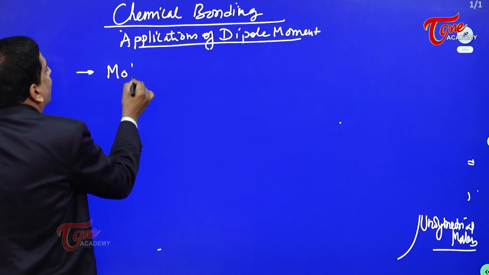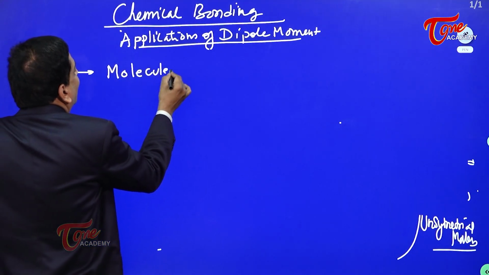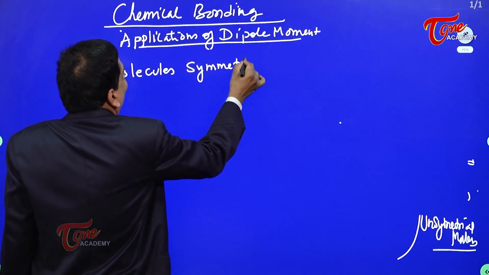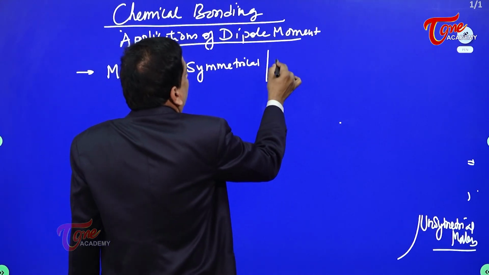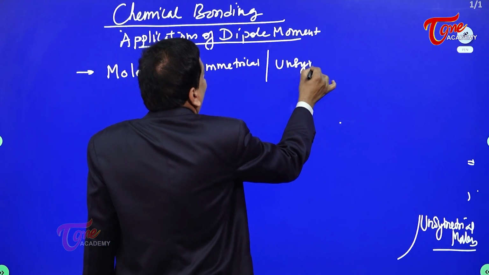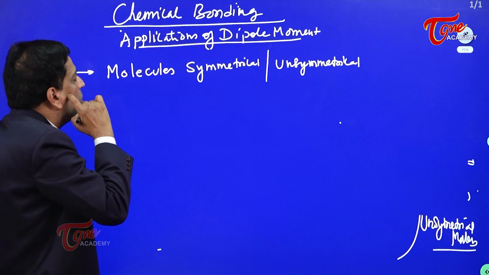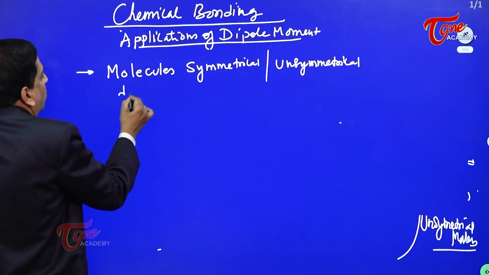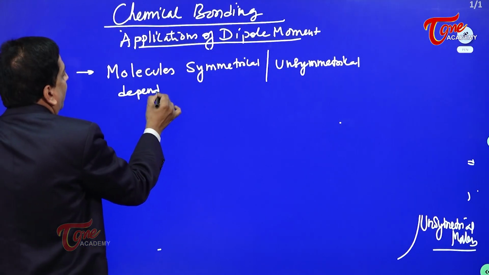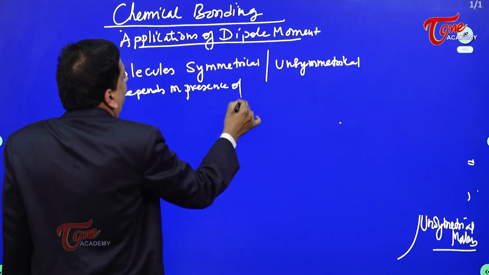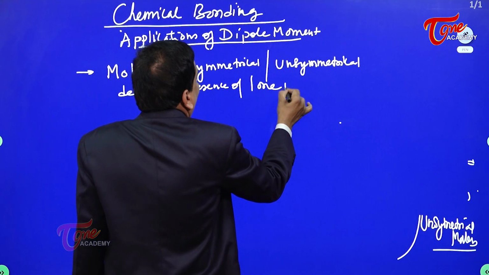Molecules symmetrical or unsymmetrical depends on the presence of lone pairs.